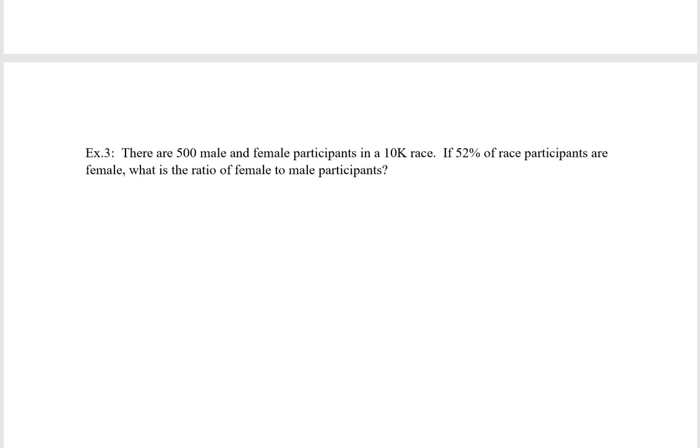Here, there are 500 male and female participants in a 10K race. If 52% of race participants are female, what is the ratio of female to male participants? Now, it's very important to pay attention to this female to male order with the ratio, because that means the first number is going to be female, the second number is going to be male.